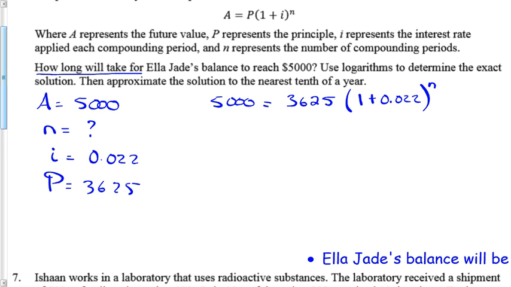So here, if we were graphing, we could just enter left side is L1, right side is L2. But if we're going to do it algebraically using logarithms, we need to get rid of this 3,625 by dividing it on both sides.